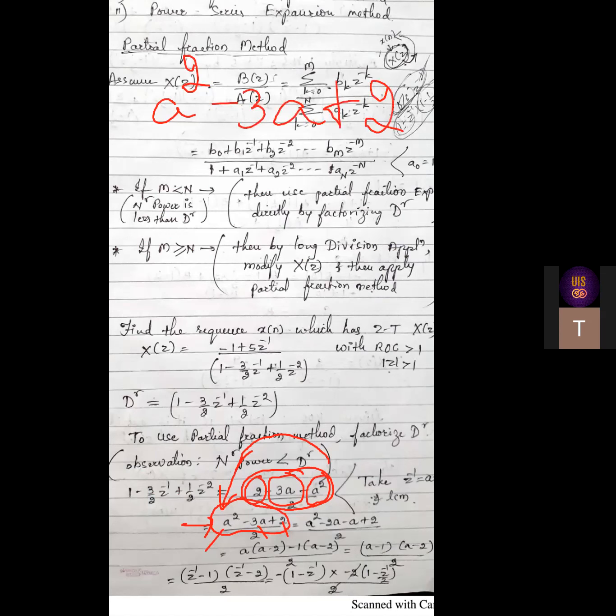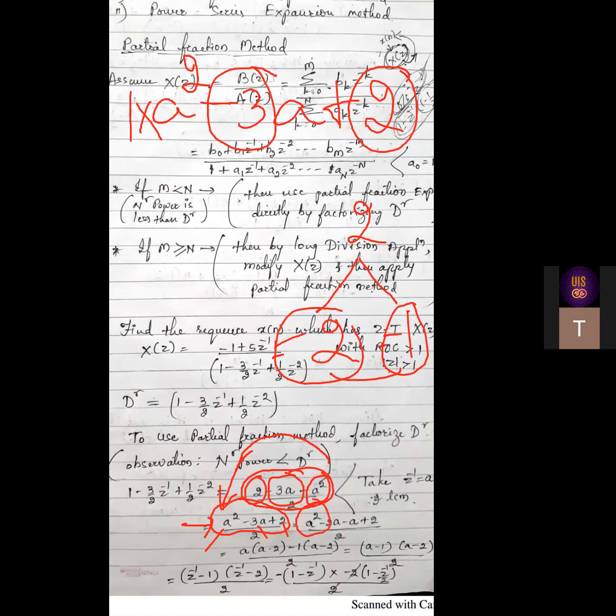This is your equation. What to be done? If you multiply, you should get 2 into 1, 2 into 1 equal to 2. If you add, you should get minus 3. How to do that? I think minus 2 and minus 1. 2 ones are 2 and minus 2 minus 1 will be minus 3. Right? So with that, your values will be a square as it is.